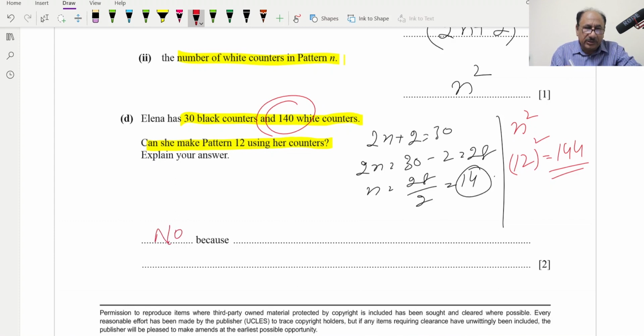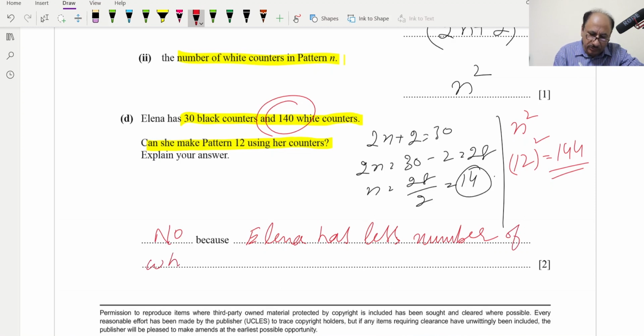And the reason we write: Elena has less number of white counters.